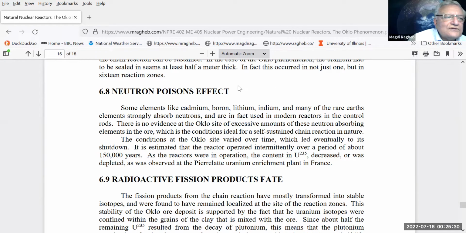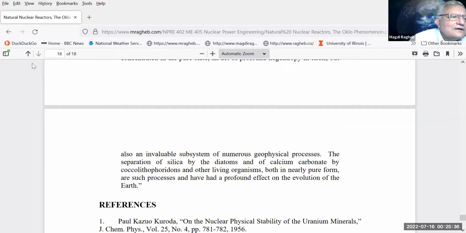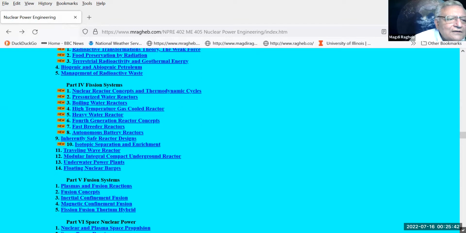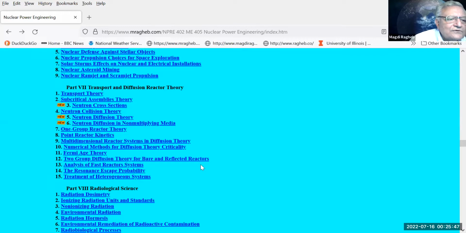So there is an interesting connection here that I bring to your attention to the Oklo phenomenon in terms of the criticality situation in general. All right, so in studying transport theory, we covered today the one group reactor theory, and we connected it to the Oklo phenomenon.